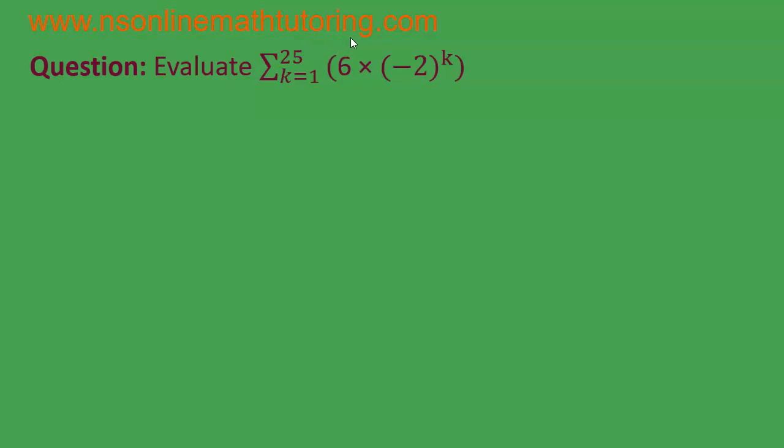Now we are solving questions from the topic sigma notation. We have learned the meaning of sigma notation. Why is it used? It is used as a shorthand notation for representing the terms of a series, which is very helpful when we have many terms.